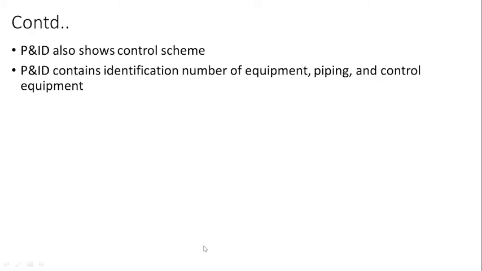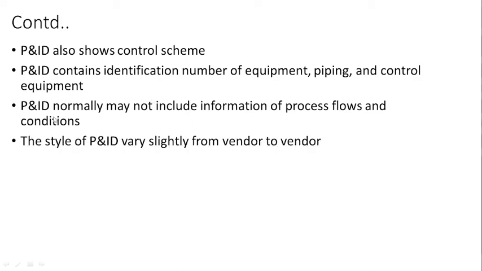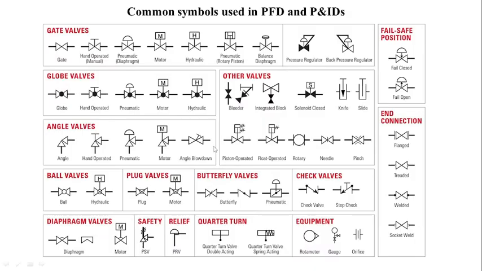And the P&ID also shows the control scheme, identification number of the equipment, piping and control equipment. But a P&ID may not show the information of process flows and conditions. The P&ID will vary from vendor to vendor. So these are the common symbols used in PFDs and P&IDs.